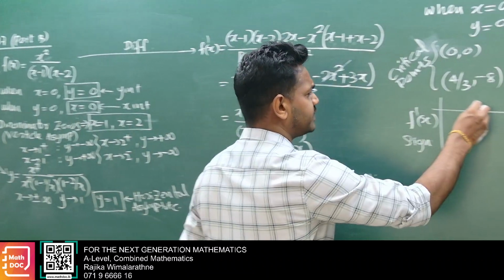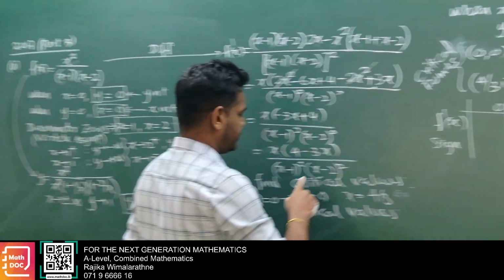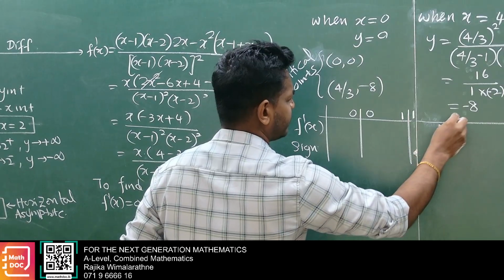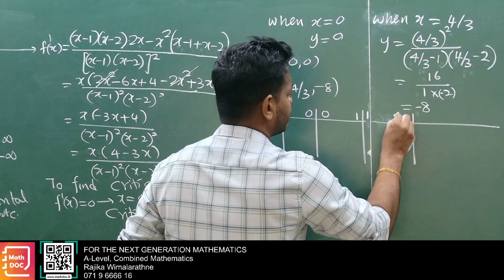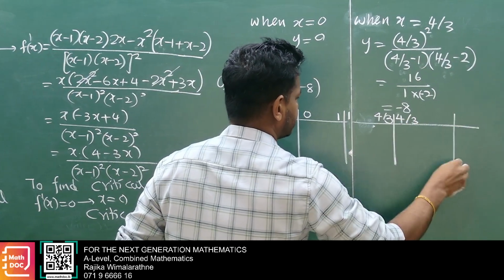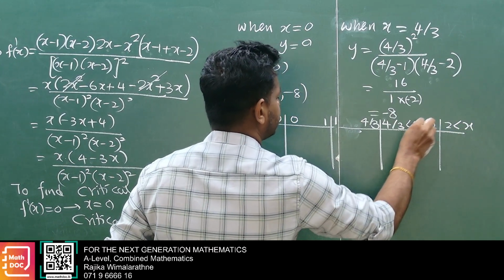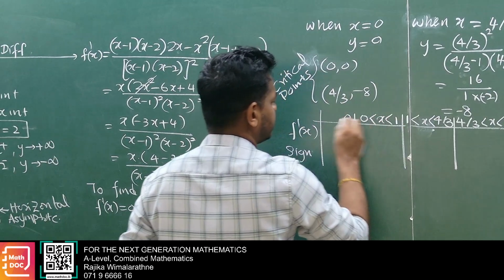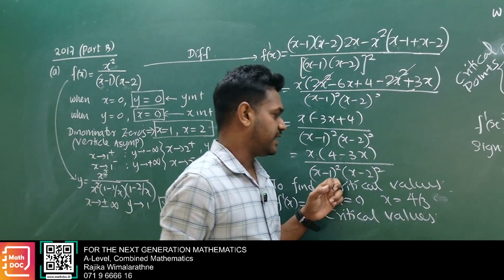Then start with 0 first, then 1, then 4/3, then 2. Greater than 2, in between 4/3 to 2, in between 1 to 4/3, in between 0 to 1, and less than 0. So you can put signs directly.